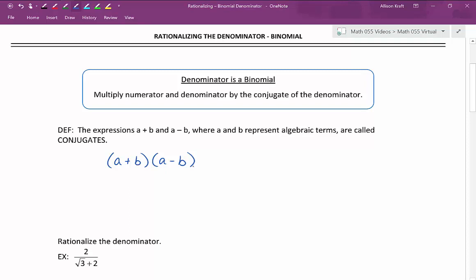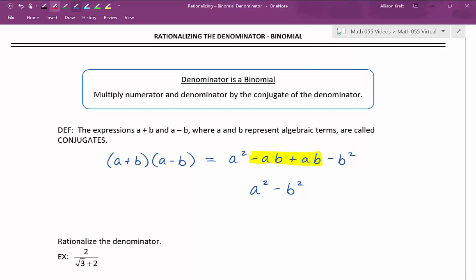Look at what happens when we do this multiplication. A squared minus ab plus ab minus b squared. And then we combine like terms in the middle. Notice that negative ab plus ab cancel out, and we're left with just a squared minus b squared.